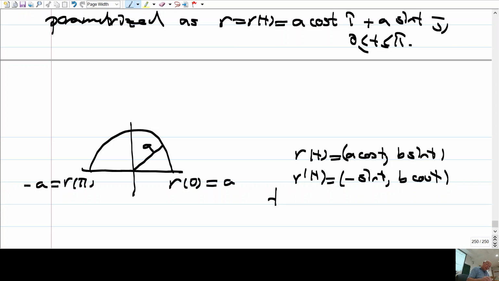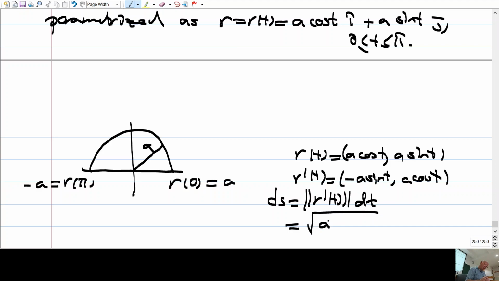So what is ds? ds is just the norm of r prime t dt, so this is just the square root of a squared sine squared plus a squared cosine squared, and then we have dt.